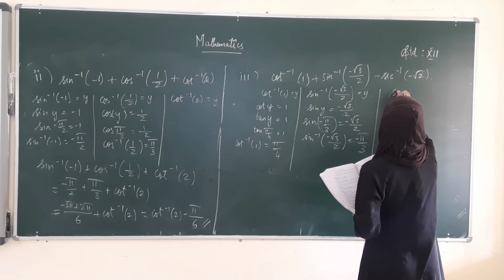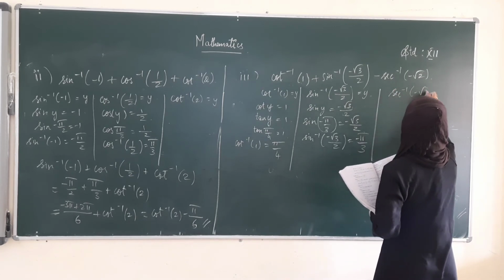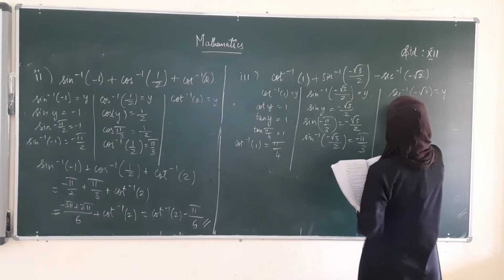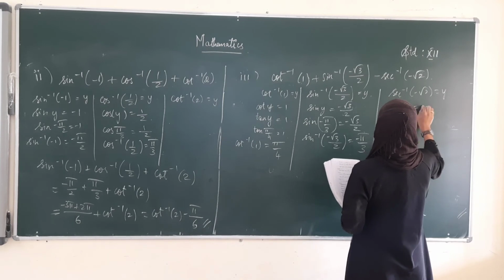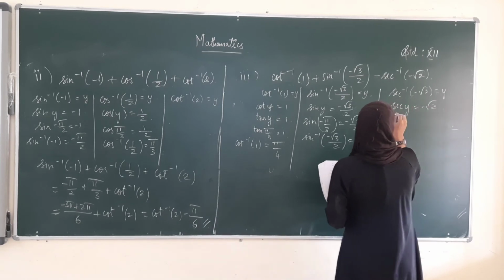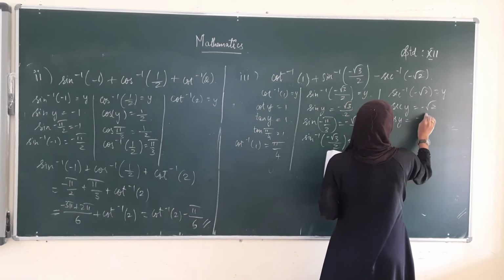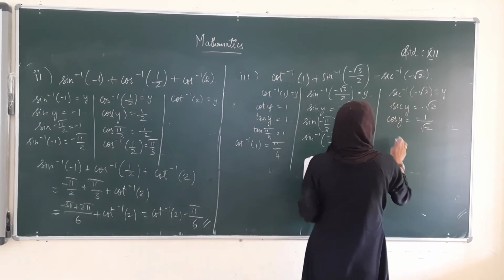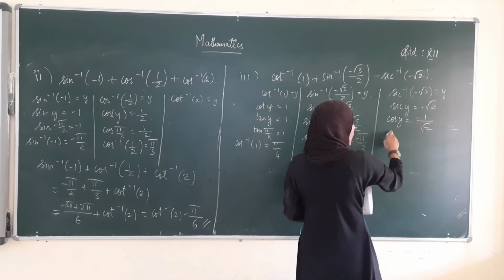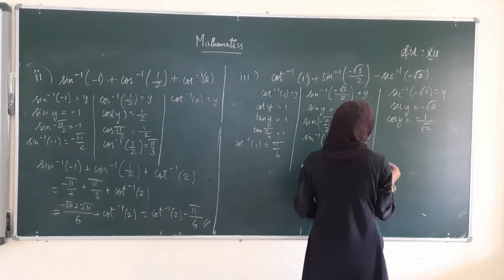So, next one is secant inverse of minus root 2. Let us take this as y. Then secant y is equal to minus root 2. Then take the reciprocal, it becomes cos y is equal to minus 1 divided by root 2. For what value of y does cos y become 1 by root 2? It is pi by 4.